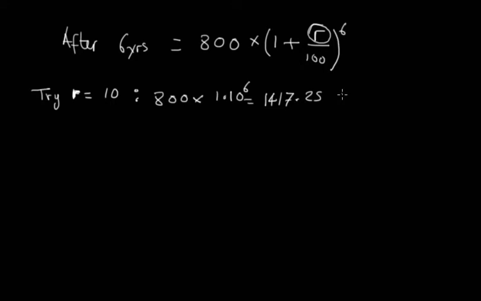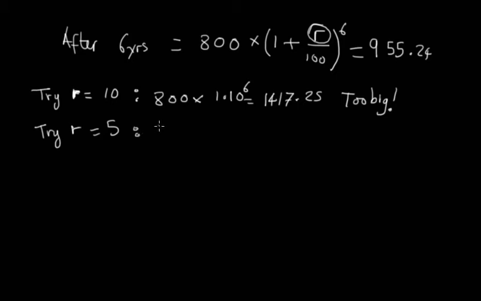Too big, and it's quite a bit too big. After 6 years, this has to be equal to 955.24. So let's try reducing it by half. Let's try R equals 5. We've seen our 10 is far too big.